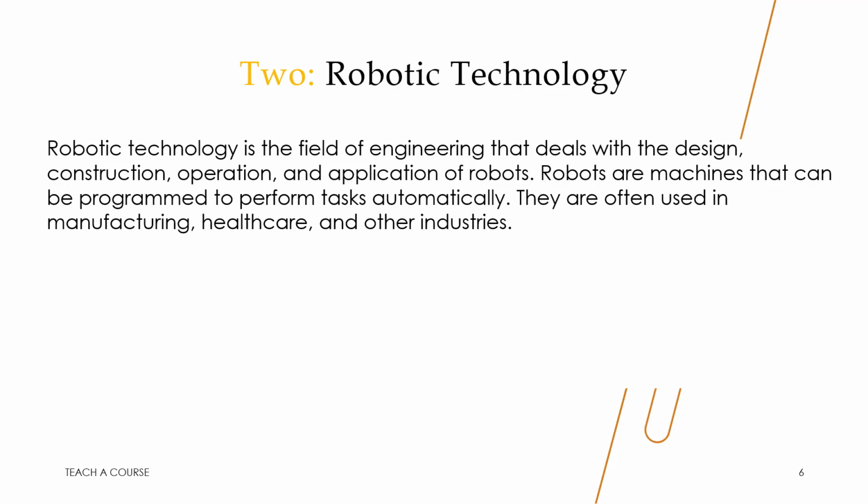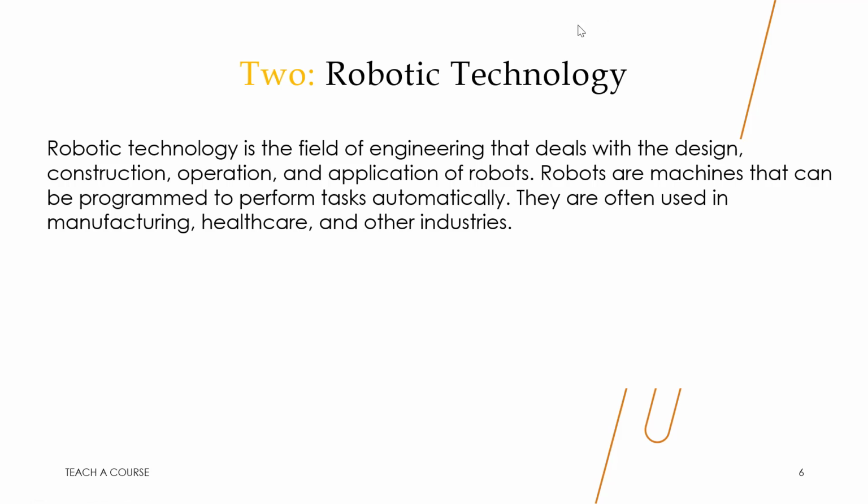Robotic technology is a field of engineering that deals with the design, construction, operation, and application of robots. Robots are machines that can be programmed to perform tasks automatically. They are often used in manufacturing, healthcare, and other industries.